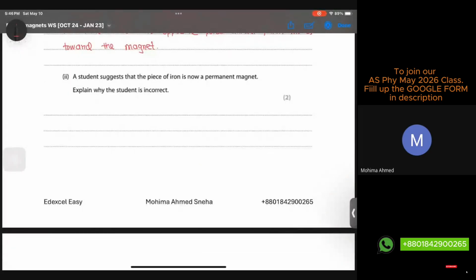So first I'll explain why it is not a permanent magnetic material. As soon as you remove the iron from the magnetic field, it loses its magnetic property. So this is a soft magnetic material, not a permanent one.